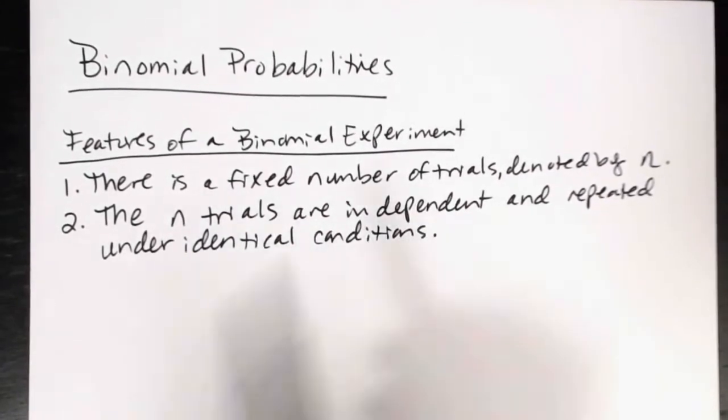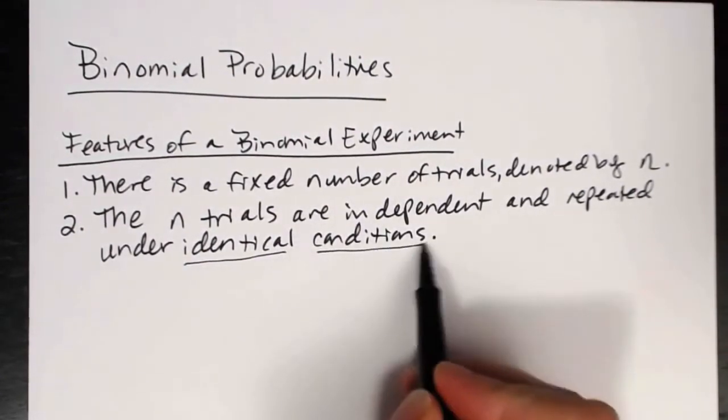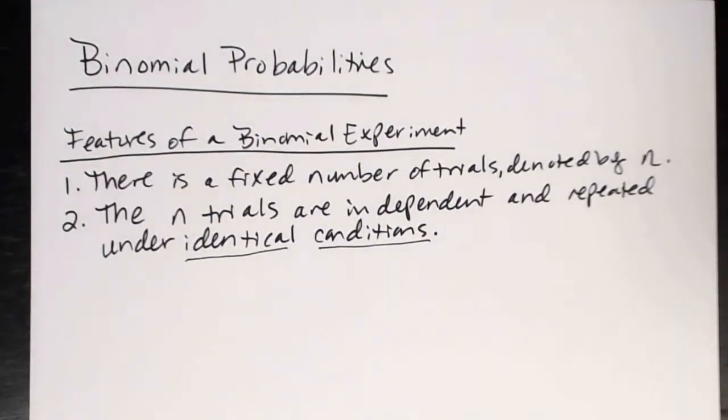So that's what it means to be independent. The previous trials don't have an effect on the subsequent trials. And the trials ideally should be repeated under identical conditions. Identical here, is it going to be exactly identical? Probably not. But none of the important features of the experiment should change from trial to trial.